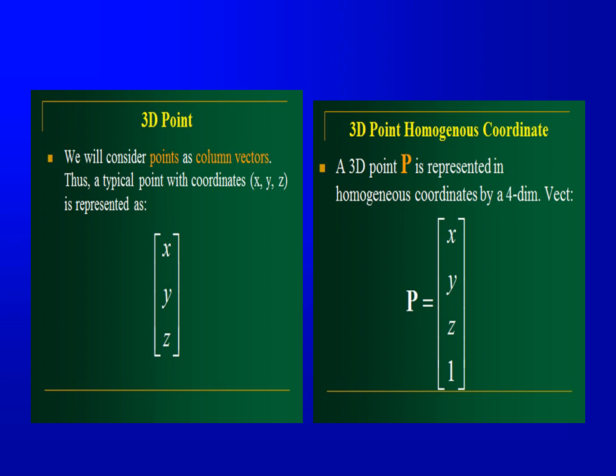Okay, and for a 3D point in homogeneous form, we consider P, and P is equal to x, y, z, and the fourth dimension is the homogeneous coordinate, that is 1. So for 3D coordinates we are using x, y, z and 1.